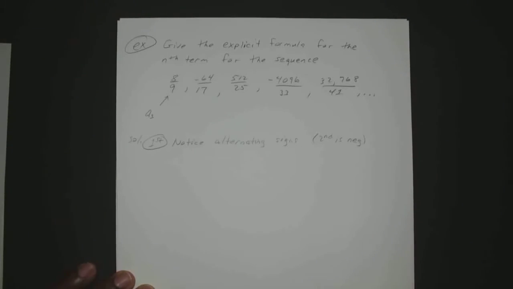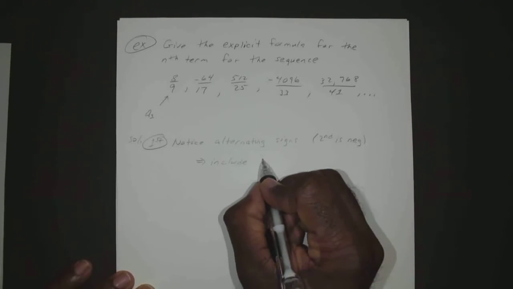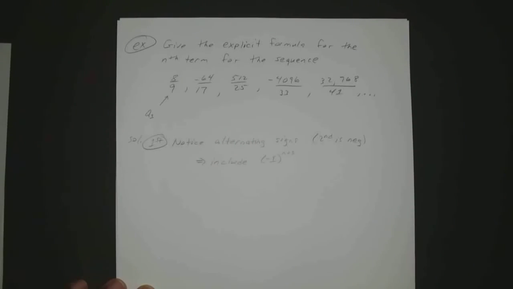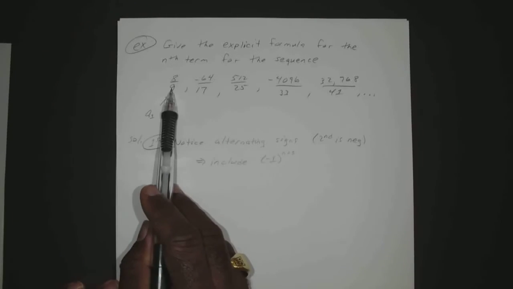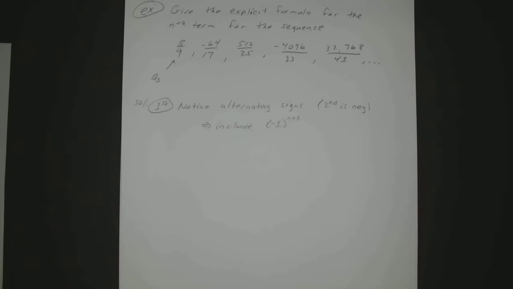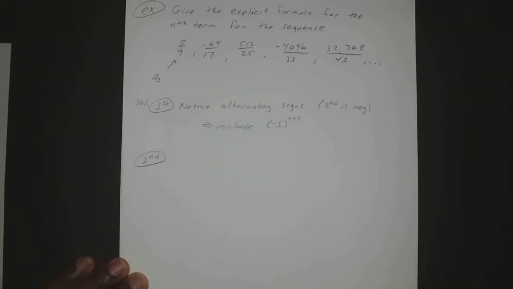Okay, so whenever the second one is negative, you want to include negative 1 to the power of n plus 1. Because if n is equal to 1, that becomes negative 1 squared, so that's positive, then negative, and positive, and negative, and back and forth. Okay. Now you want to look at your numerator pattern again.